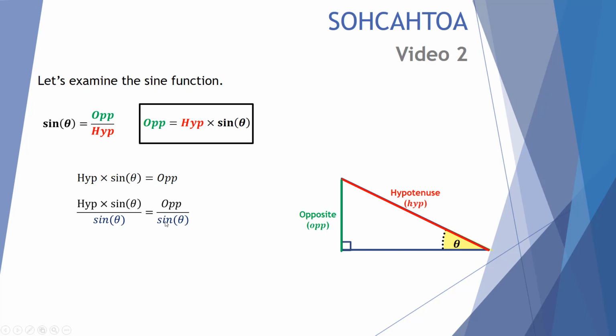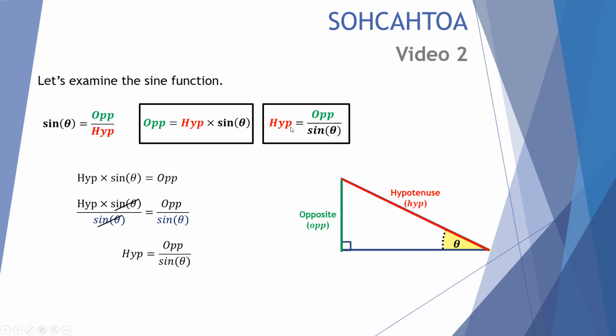So we've divided the left and right hand sides by the function sine theta. We can see here there's a simple cancellation on the left hand side of our equation of the sine theta on the top of the fraction and sine theta on the bottom of the fraction. They divide through and cancel out. And we're left with the hypotenuse side length is equal to the opposite side length divided by the sine of the angle theta. So that's our second derived equation from our original sine function.